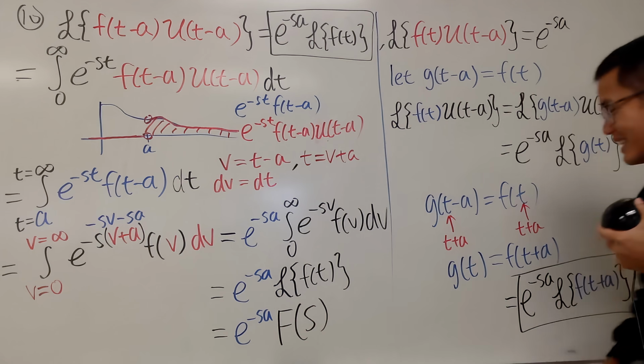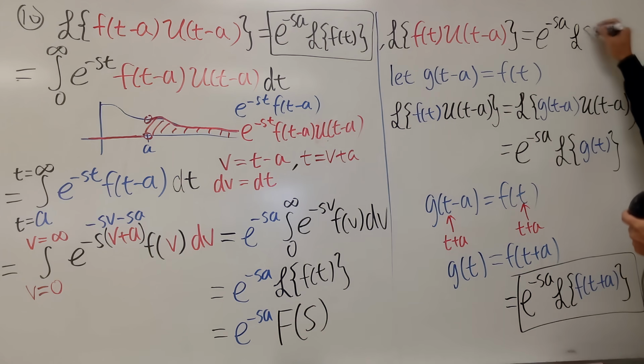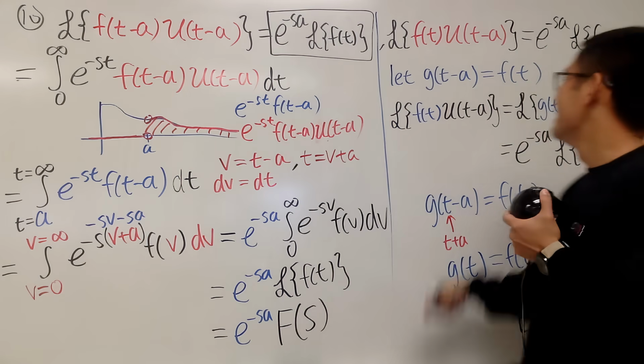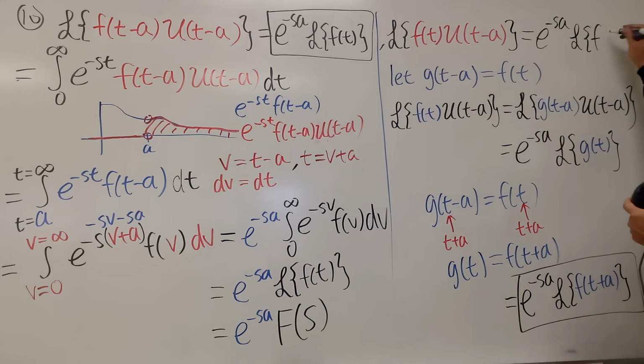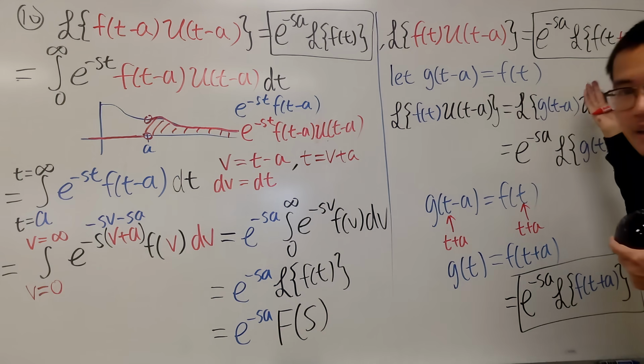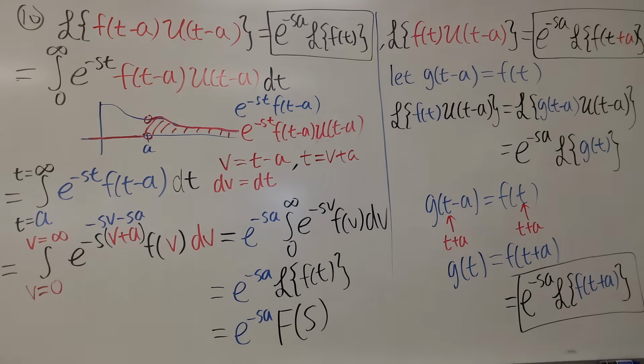But if they don't have the same input, all you have to do is take the Laplace transform of f, and you compromise it: this is minus a, so you go ahead and do f of t plus a. So this right here is it. That's the idea, and that's exactly what I just showed you right here.